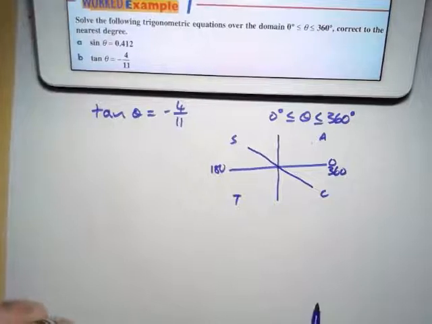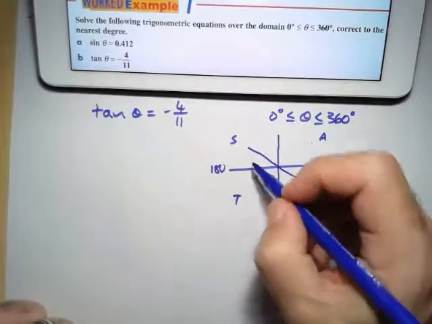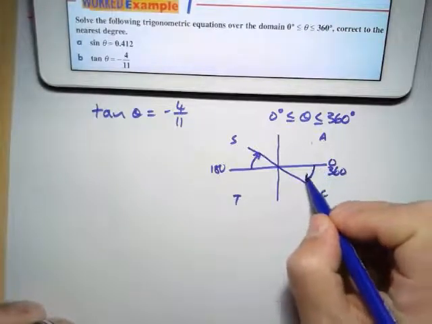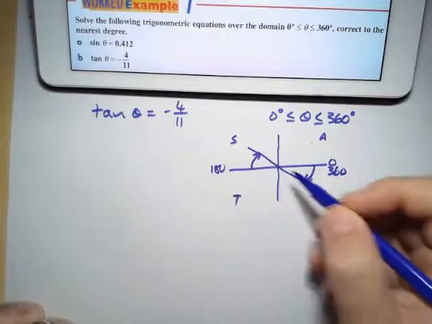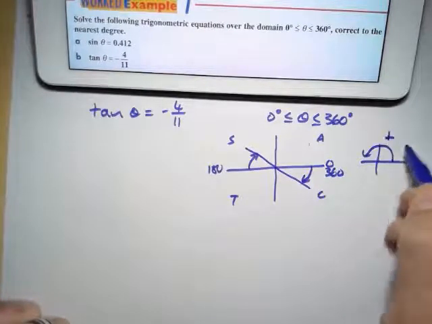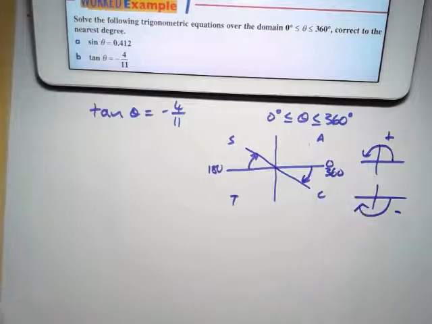So there's my 2 answers. To get to those lines from my x-axis, it will be 180 minus, and in this case it will be 360 minus because I'm coming in a negative direction. Remember, this is going in the positive direction, this is going in the negative direction. Okay, so from there I have 2 answers.